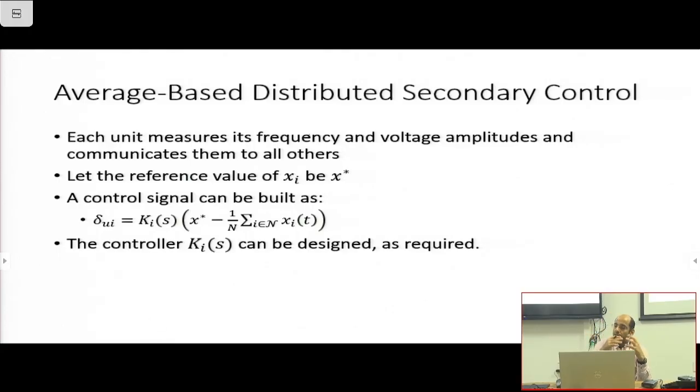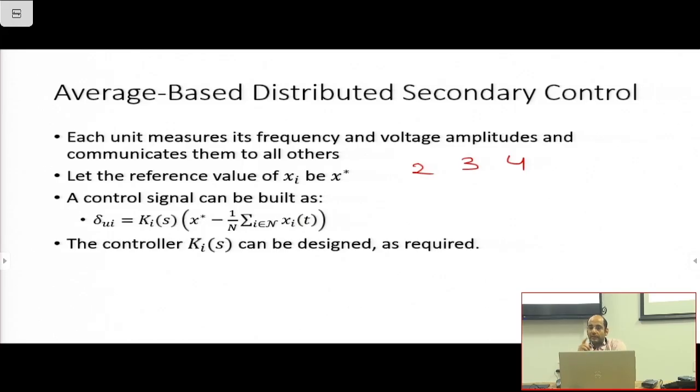How do we achieve? There are different ways to do it. For example, let's say the first is average based distributed secondary control. That means here we are trying to make the average equal to the reference. Like say for example, there are 3 numbers. Okay, let's say for example, 1 is 2, 1 is 3, 1 is 4.